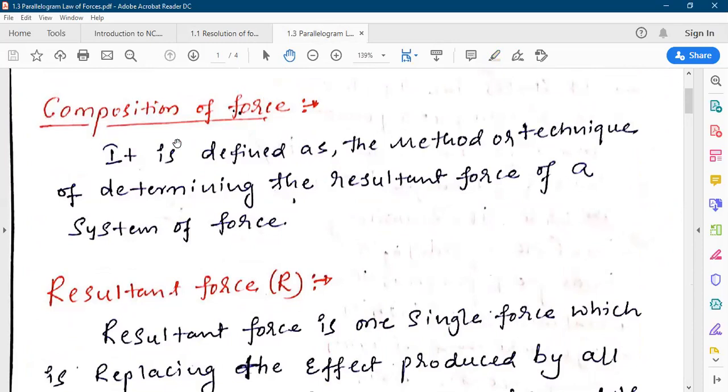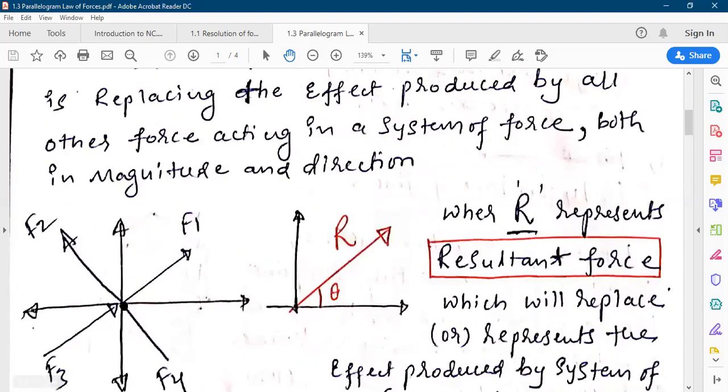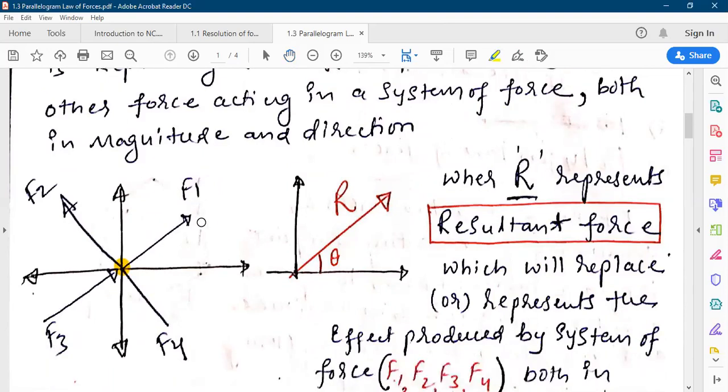So when a number of forces are acting, if one force is acting, we can just say a force is acting. If more than one force is acting at a point, like this, all these forces together will be called a system of force.